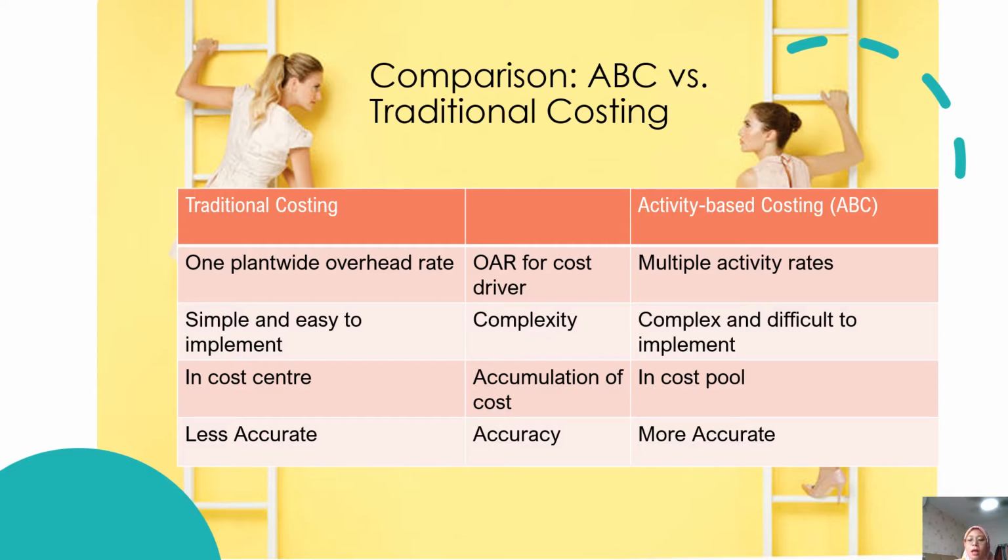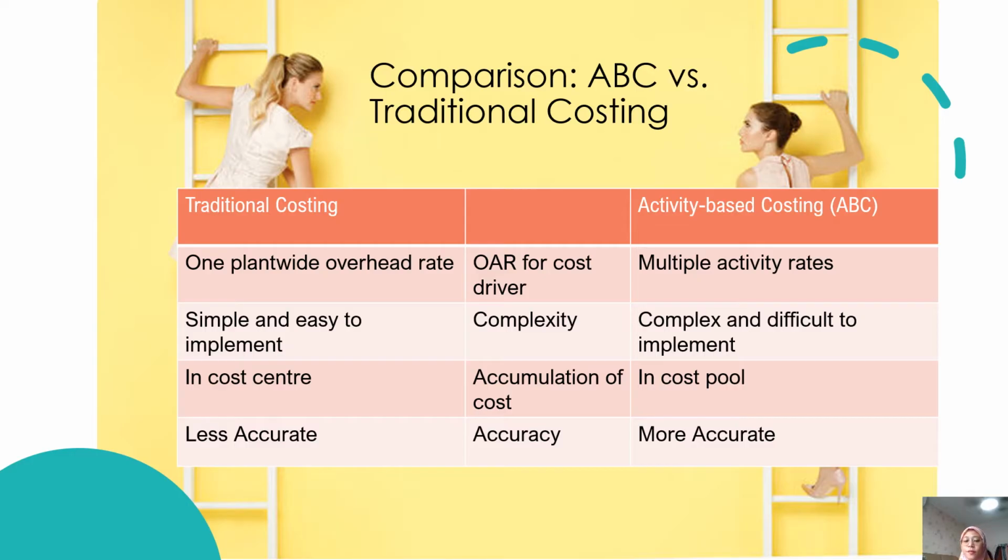For example, in the factory, they will use a single or maximum of 2 or 3 cost drivers, for example the cost is calculated based on direct labor hours. Whereas activity-based costing, since a lot of activities are incurred in a factory, uses multiple activity rates. For each activity we calculate an overhead absorption rate.